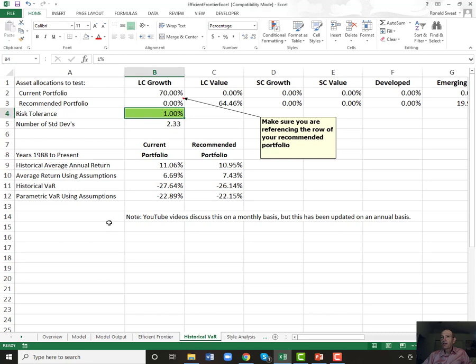All right, so what are we doing here? First of all, we're doing something that a financial planner would never do because it's too embarrassing. I'll give you some answers for why this is the case, and I actually think financial planners should show this. I also believe that if someone's using a financial planner and they're given an efficient frontier type of output, they should ask for this historical VAR.